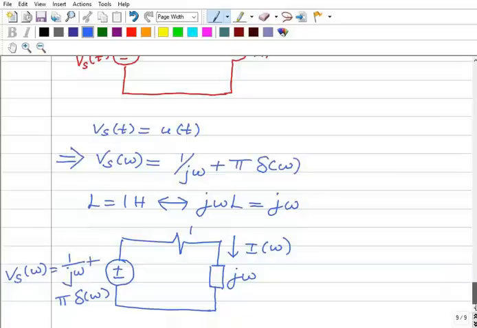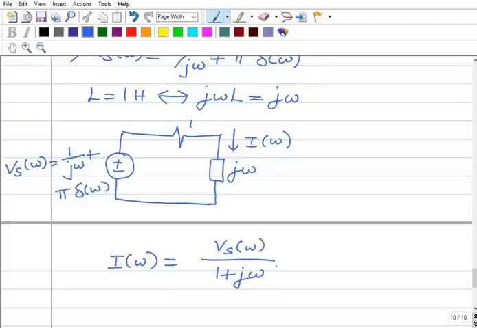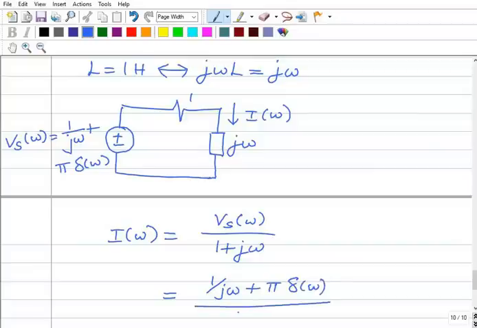So this I omega is required. It's a single loop circuit, so you can easily write I omega as Vs omega divided by the total impedance, which is 1 plus j omega. Let me substitute Vs omega: 1 over j omega plus pi into delta omega, divided by 1 plus j omega.